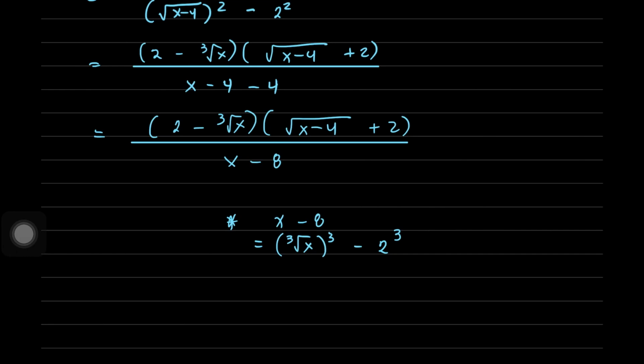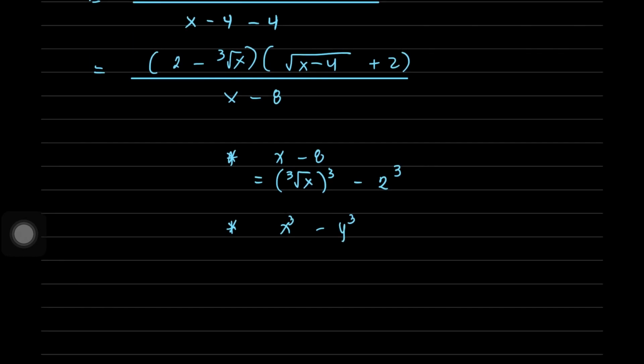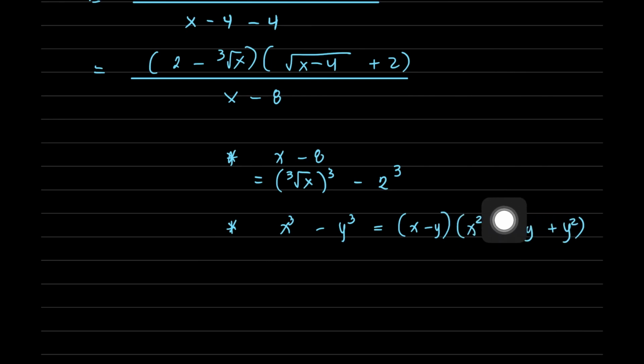And the underlying concept here, if we have x cubed minus y cubed, the factor of x cubed minus y cubed is equal to x minus y multiplied by x squared plus x times y plus y squared. Now, this is different from a perfect square trinomial.